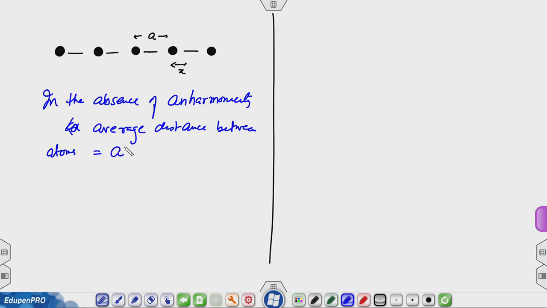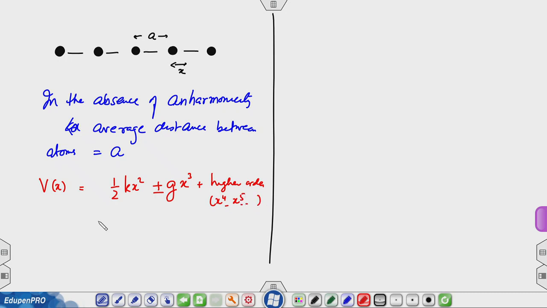Now, let us see how anharmonicity affects it. So, as we said, we are going to write V(x) as equal to, I will ignore the constant term, the harmonic term of 1/2 k x square. Then I could have plus or minus the anharmonic term, the coefficient I am going to call g, x cubed, plus higher orders, which could be x raised to 4, x raised to 5, and so on.